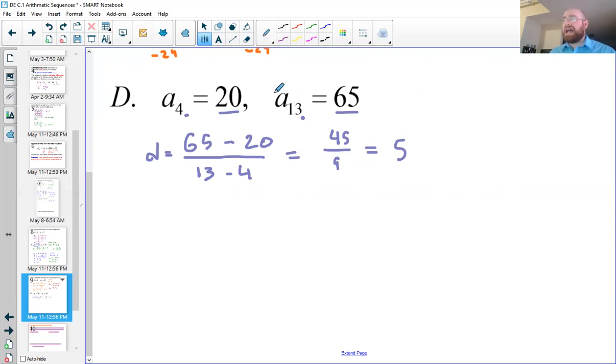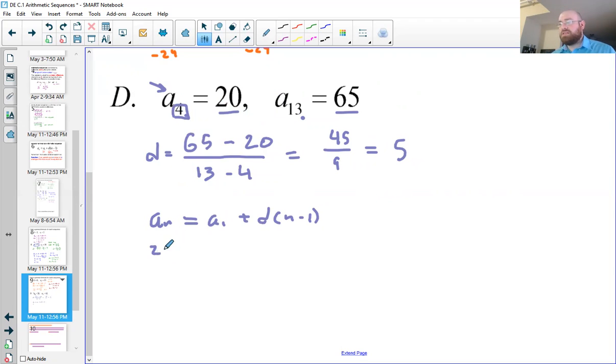Now we can use either term to help us find our first term using an is equal to our first term plus our common difference times n minus 1. But it's generally going to be easier to use the first term where we have a smaller value of n.